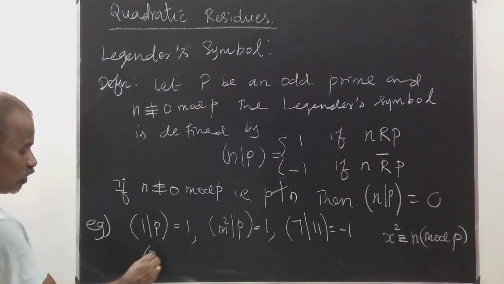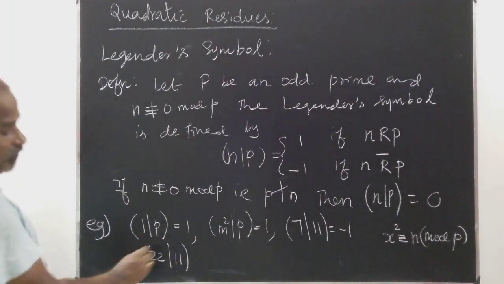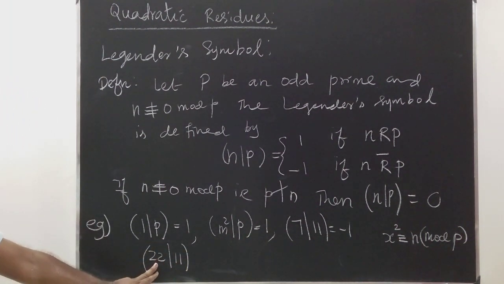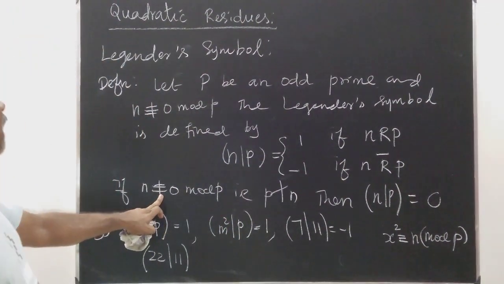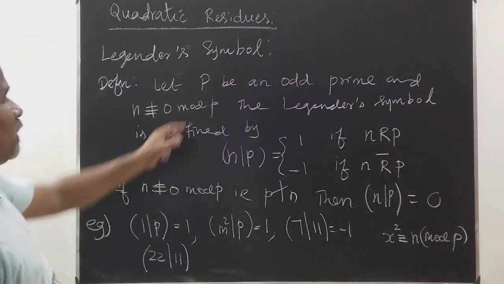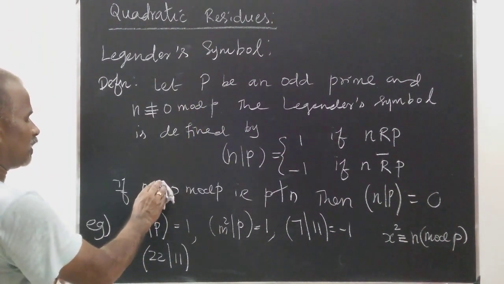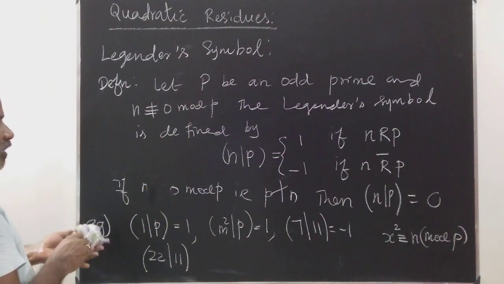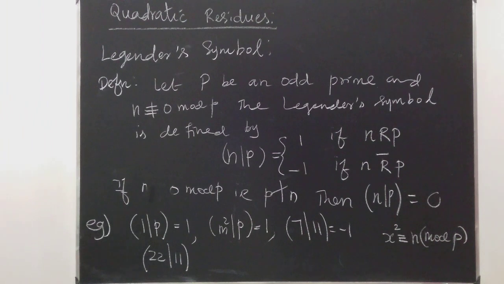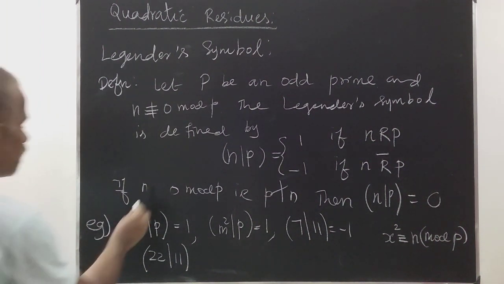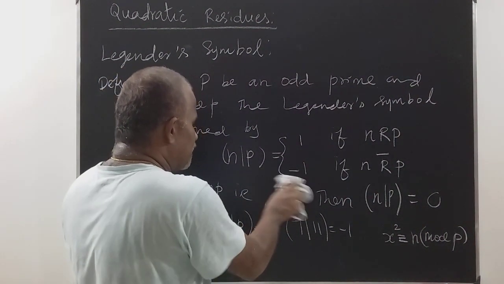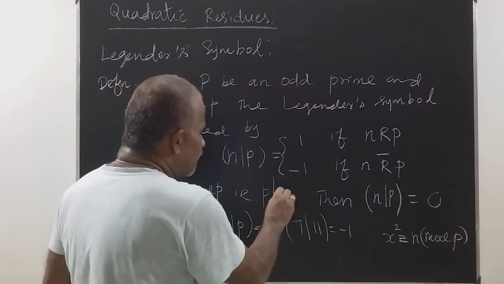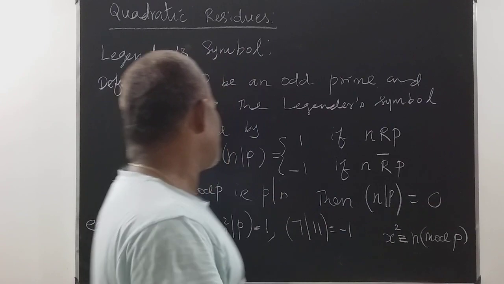And one more thing, 22 over 11. Now p divides 22. Suppose n is congruent to 0 mod p, which means p divides n. Then n over p is equal to 0.